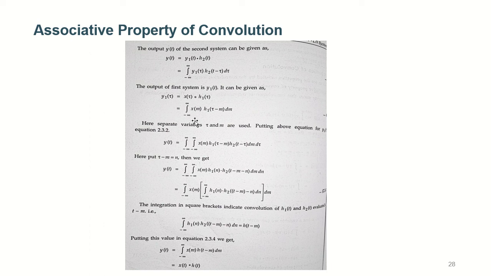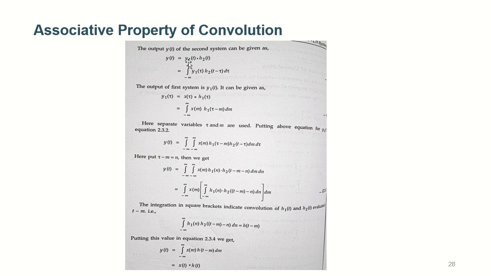So here we used two separate variables, tau and m. And in the above equation, let's put the value of y of t. What was y of t? It is y1 of t convolution h2 of t.